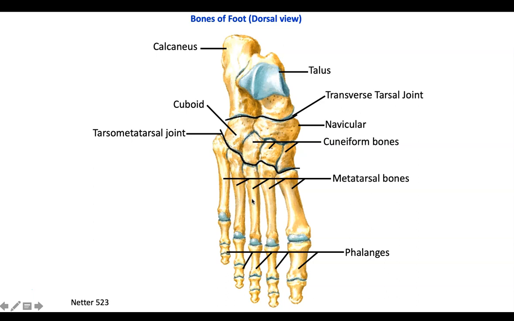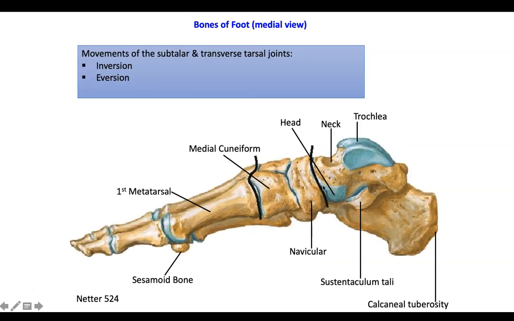Inversion and eversion are the movements that occur in the talocalcaneo-navicular joint, the subtalar joint, and the transverse tarsal joint. You can see the head of the talus lies over a shelf-like bony projection of the calcaneus.